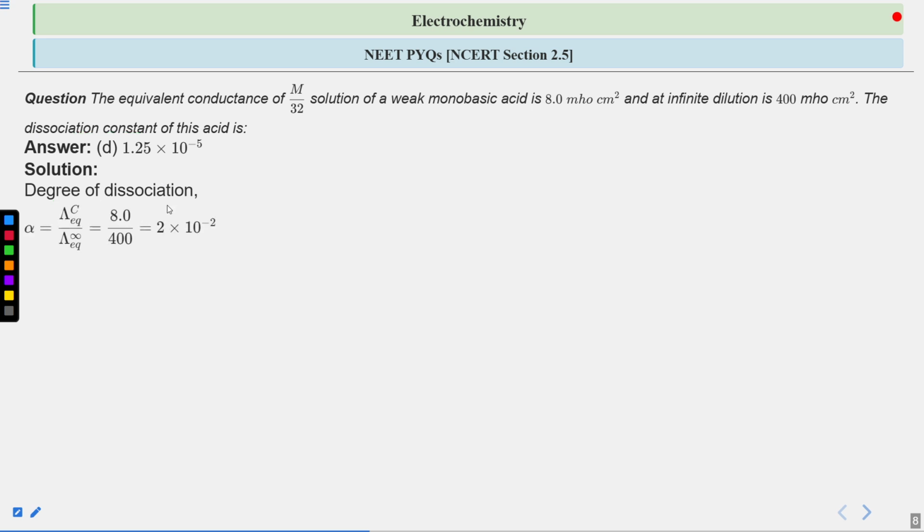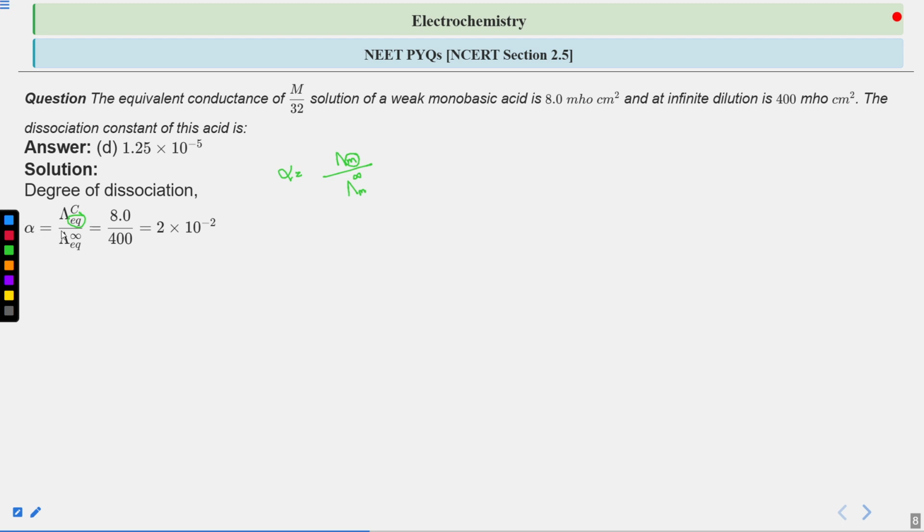The degree of dissociation is given by lambda equivalent divided by lambda equivalent infinity. You also know this formula as alpha equals lambda m, the molar conductivity, divided by the limiting molar conductivity. Simply, we write equivalent in place of molar.